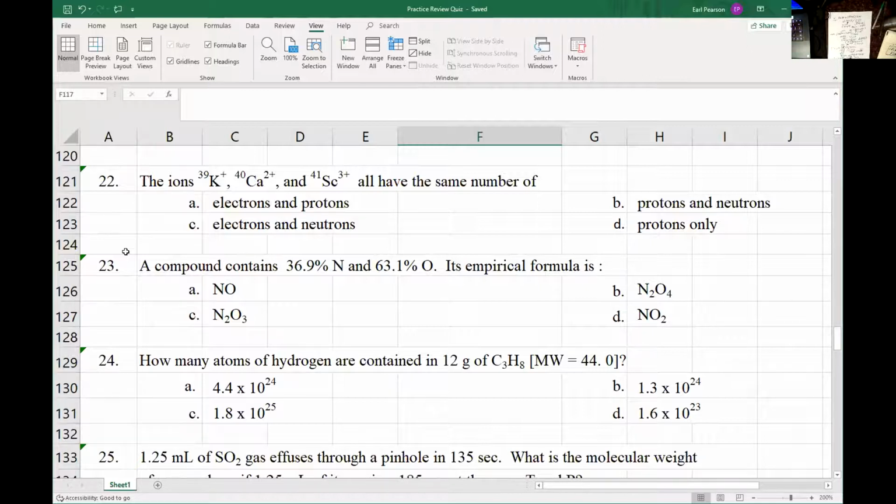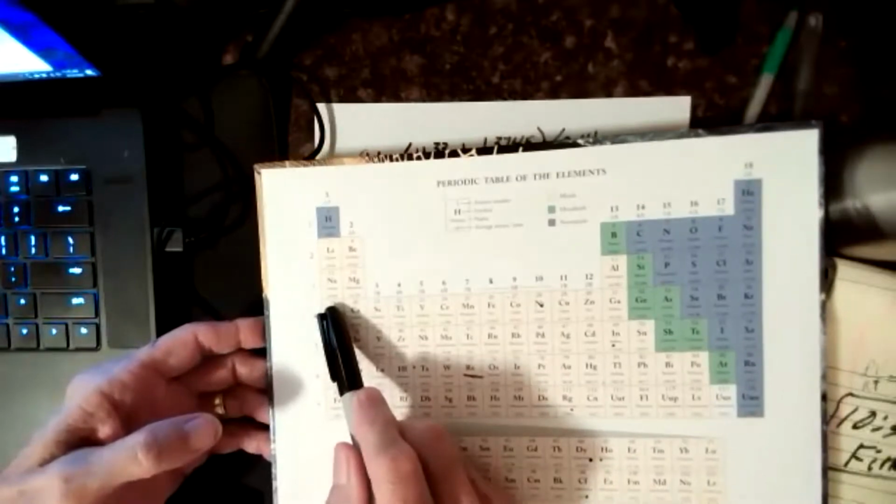Potassium is element, maybe we don't know, but if you had a periodic table next to you, you could. So I'll go ahead and show you. Okay, now potassium is right here. It's got 19 protons.